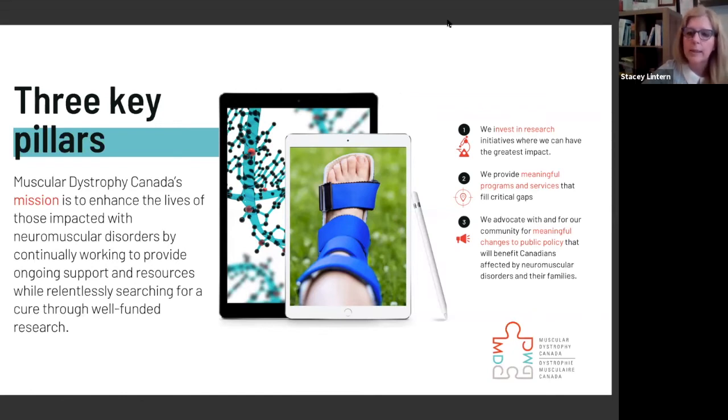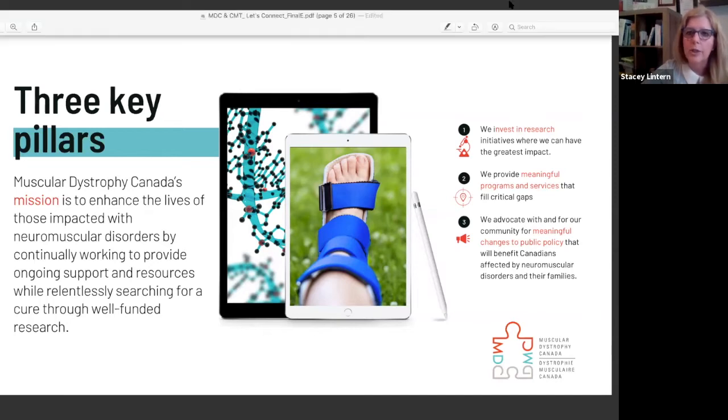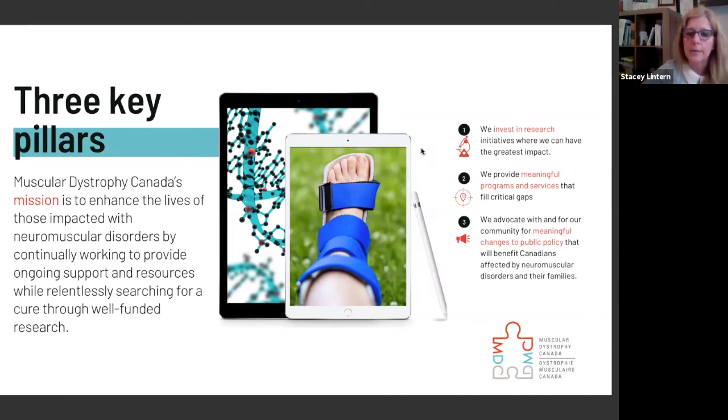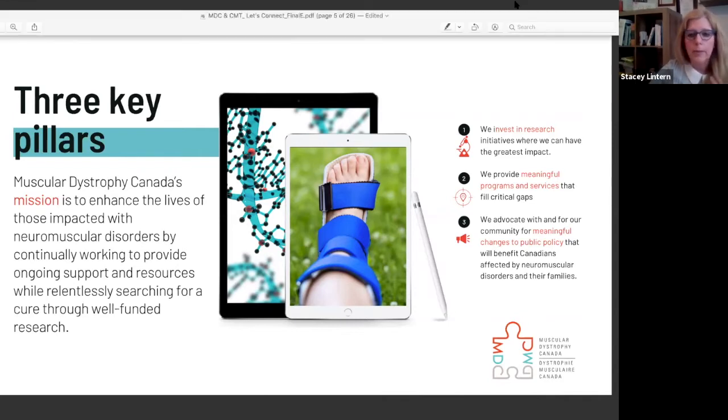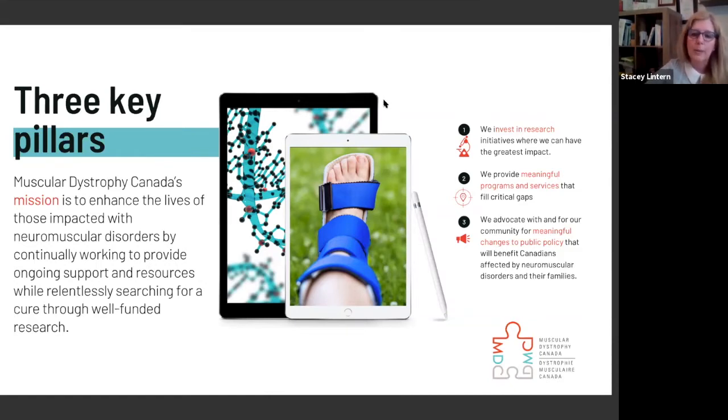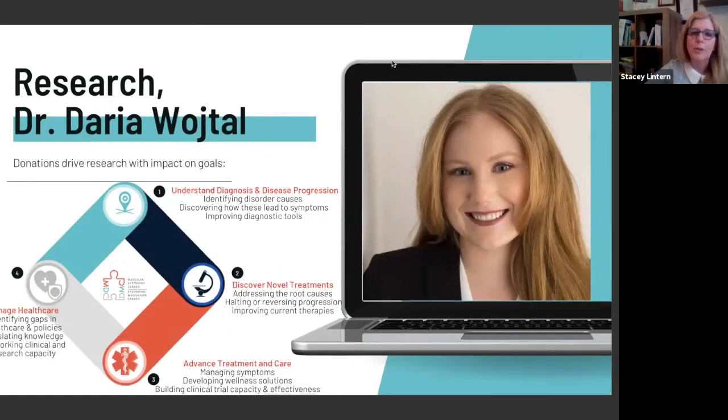So we want to be a key organization that addresses those gaps. We want to advocate for positive change with our community as it relates to public policy that will benefit all Canadians affected by neuromuscular disorders and their families. I'm going to pass it over to my colleague Daria to share some information around our research portfolio.